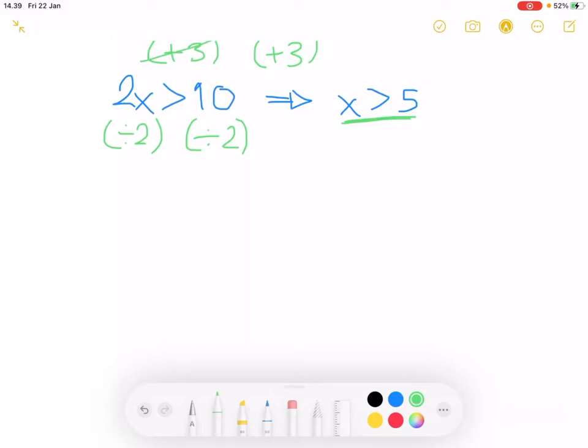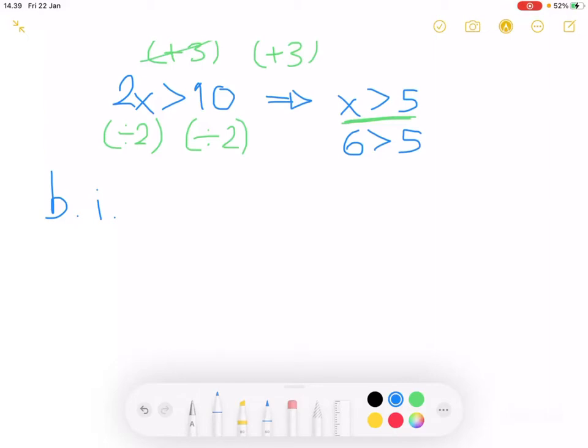I'll just write for the B(i) part. Let's check 5. However, 5 does not satisfy this inequality, because if we substitute x equals 5, 5 is greater than 5, which is a contradiction. So we go to the next integer, which is 6. And notice that 6 does satisfy this inequality.